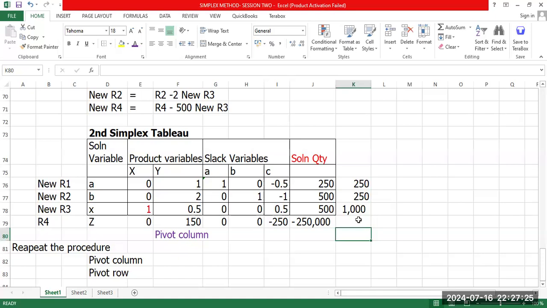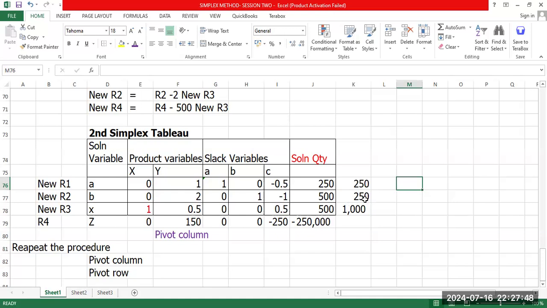Now, what is your pivot row? It's 250. Now you have 250. What will be your pivot row here? I will use the first one, A. This one, the first one. Why?